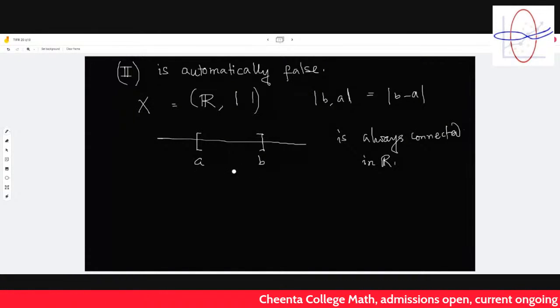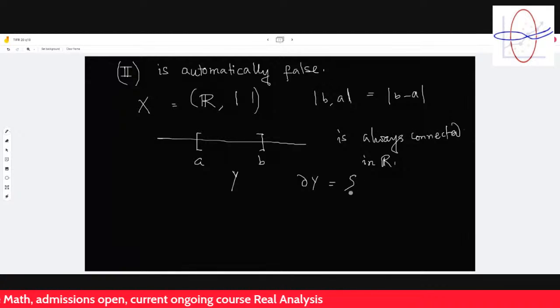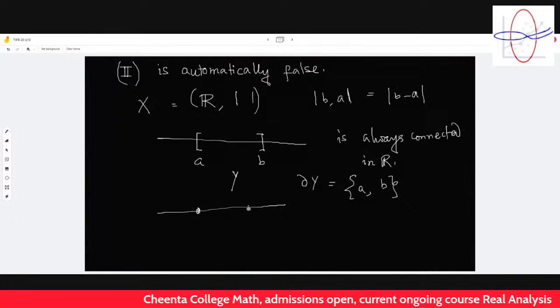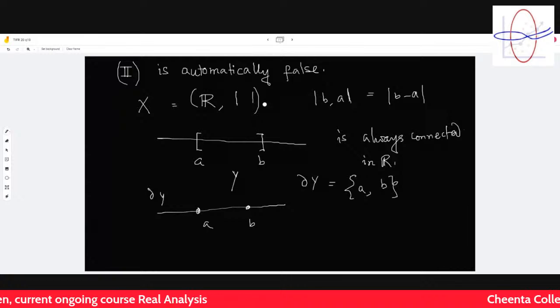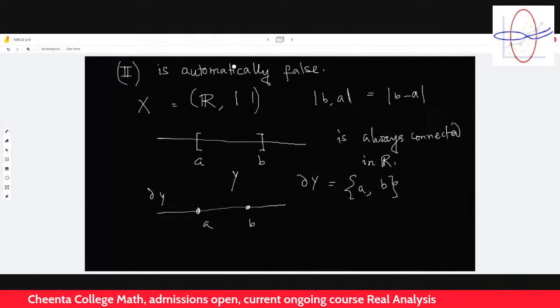So let's say I call this my Y. Now if I take the boundary of this Y, that is del Y, what is this? This is just a collection of singleton points, A and B. In this real line, this is just two distinct points, A and B. So that's del Y. And of course, from here you can directly conclude that even if a subset of the metric space is connected, its boundary might not be connected.